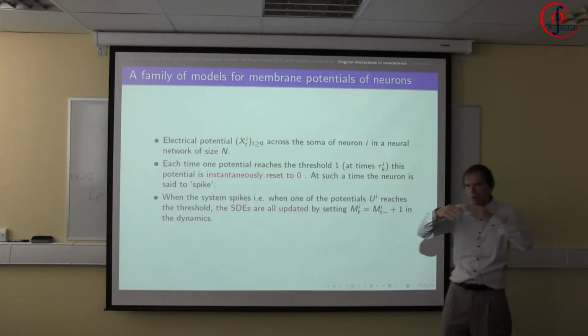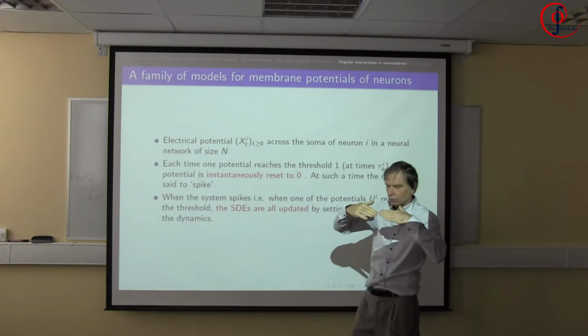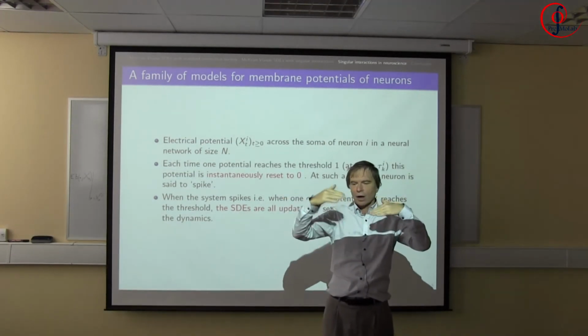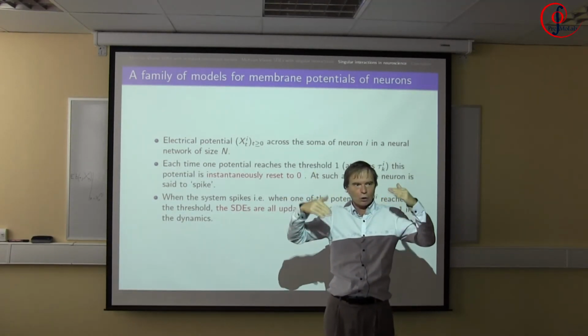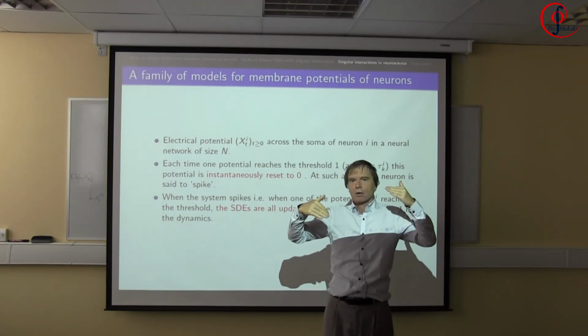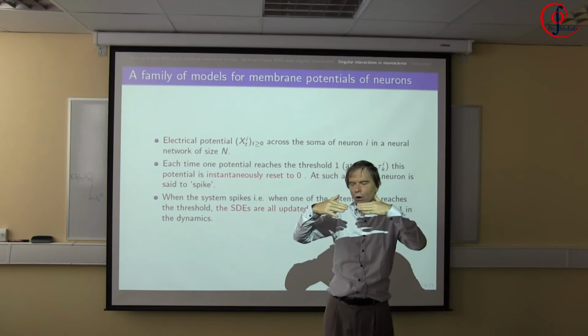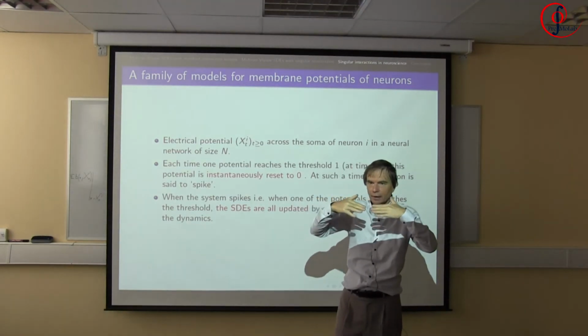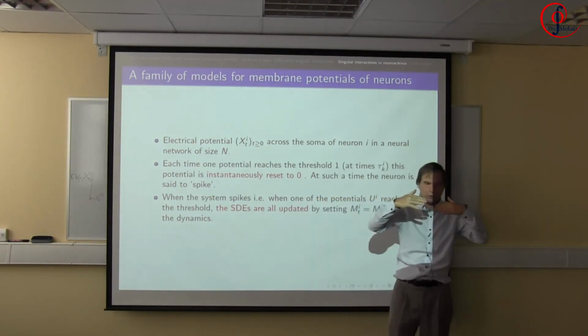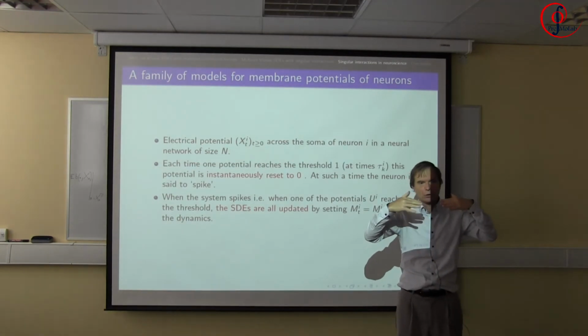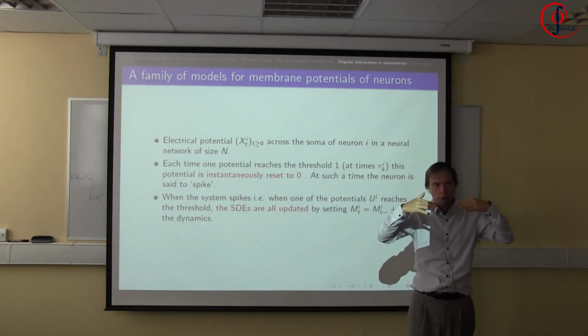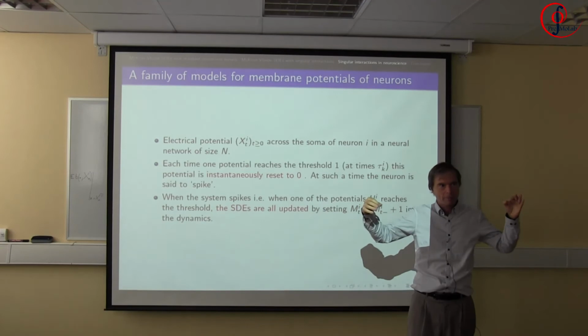So typically what happens is that along the membrane you have ionic channels which are open and closed. When you open or close these ion channels, then you make the electric potential vary along the membrane.